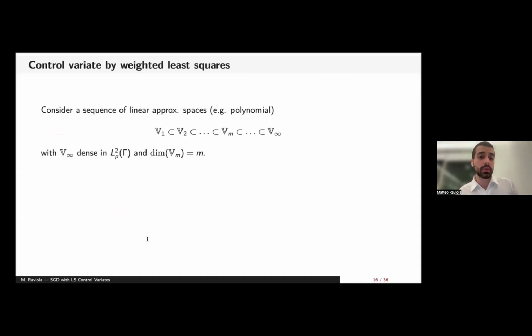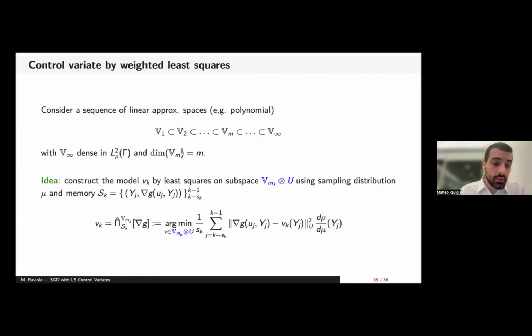So what we imagine is that we have a sequence of linear approximation spaces. For instance, these could be polynomial spaces. So we imagine these V1, V2, which are all nested. And in the limit, they are dense in L2. And we also say that their dimension is M.